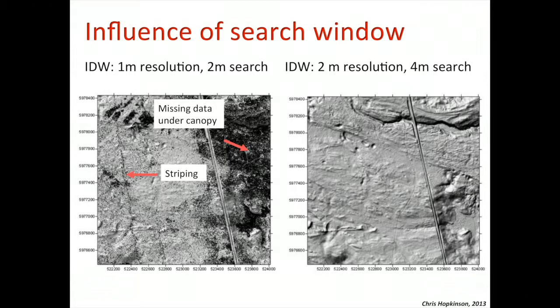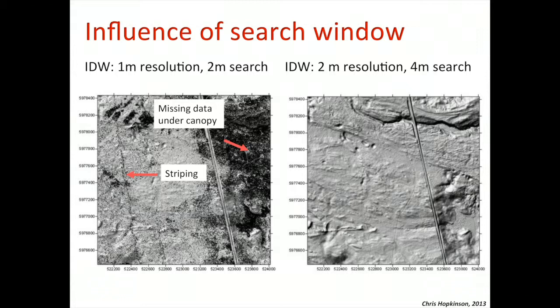More of the forest is on this side, and so what's happened here is the data density at ground level is much lower where we see the denser forest. And it's just low enough that when we use a 2 meter search radius, we're actually creating a lot of data voids. Basically the 2 meter search radius is looking around and saying, oh, there's no point here, we're just going to return a data void.